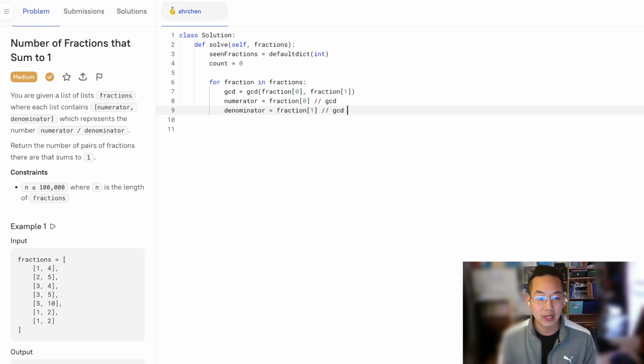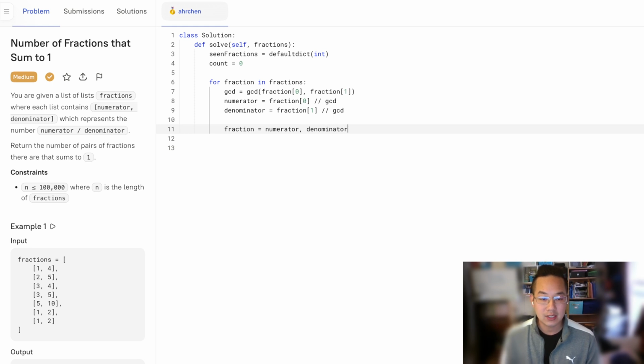With that, we have the numerator and the denominator. That means we can get the fraction. This is going to be our key that we will be inserting into seen fractions. And also, at the same time, we'll get the counterpart too.